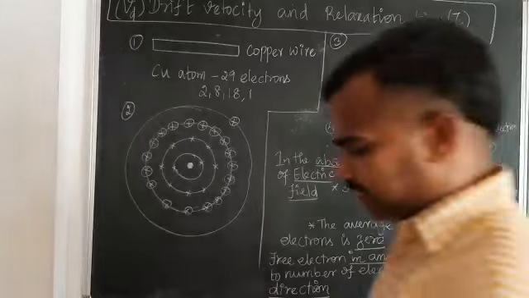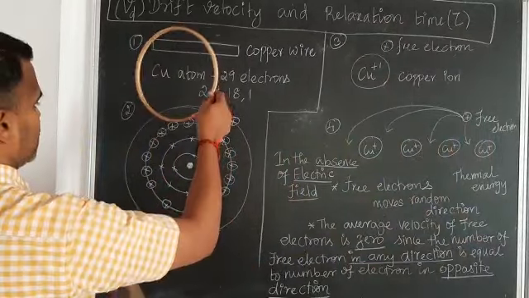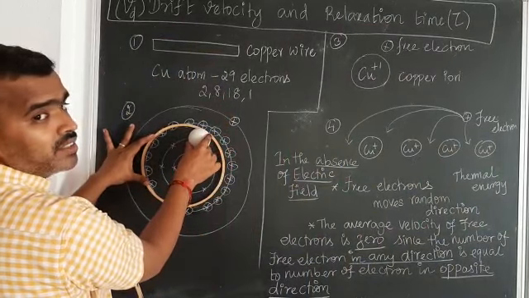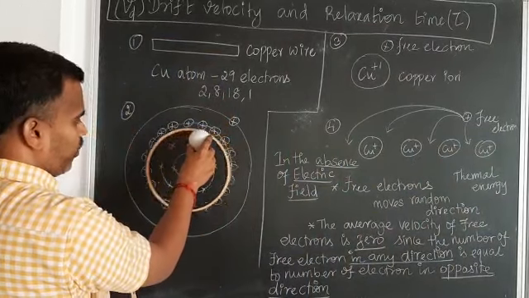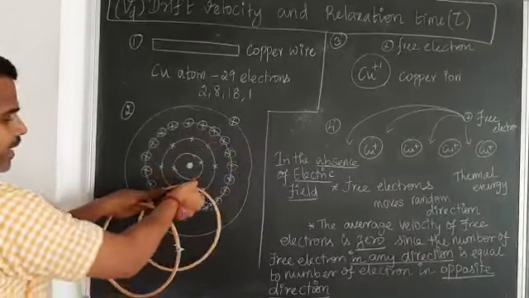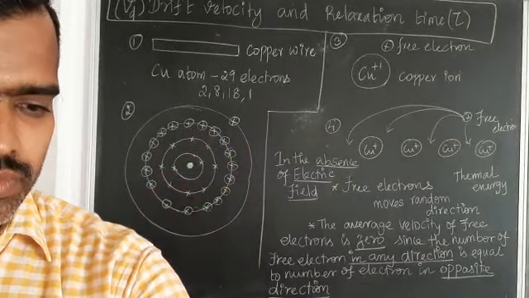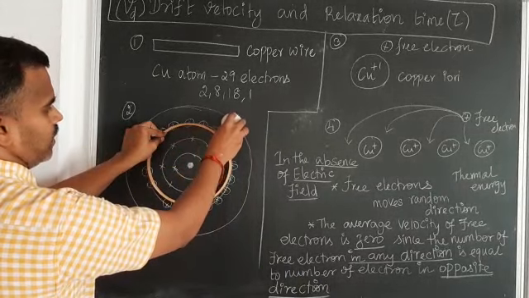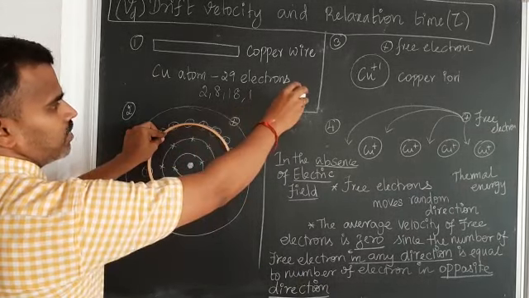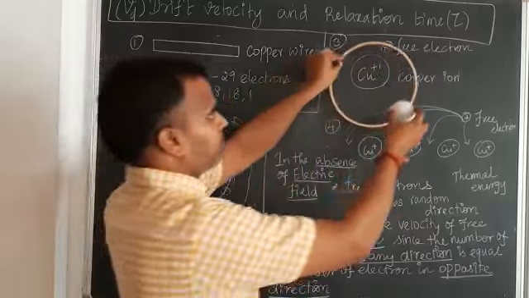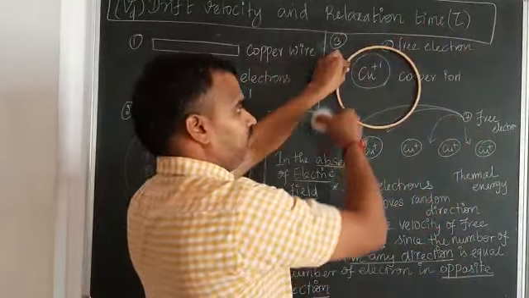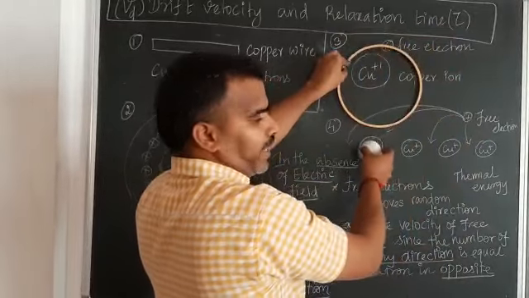Let us assume that this is one of the copper atoms which has one valency electron. Once we remove this valency electron, it becomes free. It can move anywhere inside the metal or conductor.